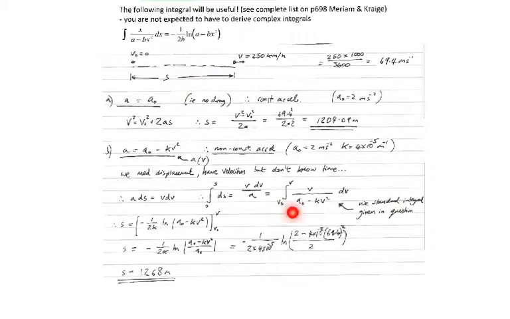So making use of that identity, we can solve that to say that s, so that's the integral of this side, is equal to minus 1 over 2k times the natural logarithm of the form of the acceleration between v and v naught, or u. And then, as you know, when you have one natural logarithm minus another, you can put one on top of the other. So this is what we have here.